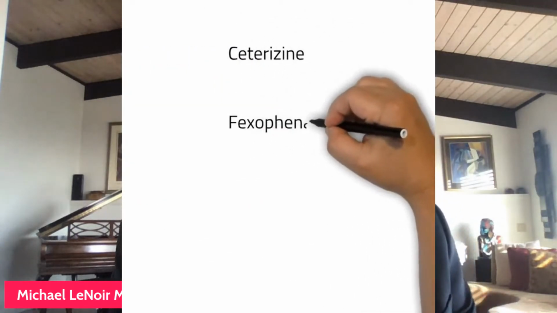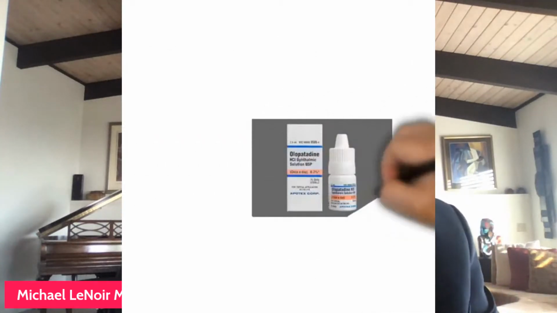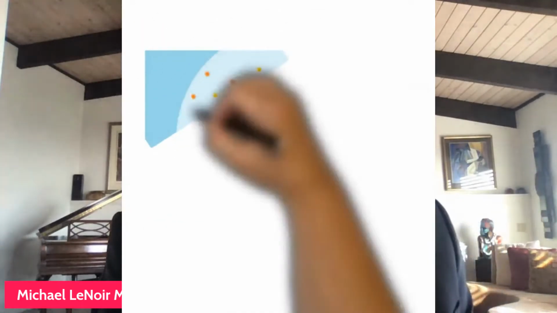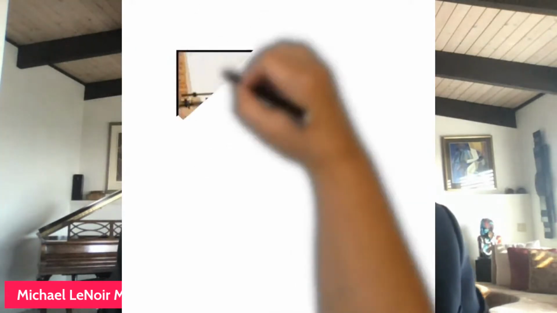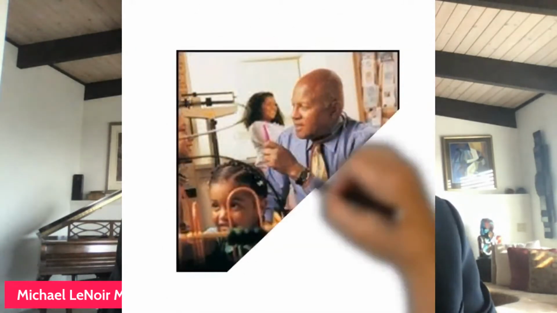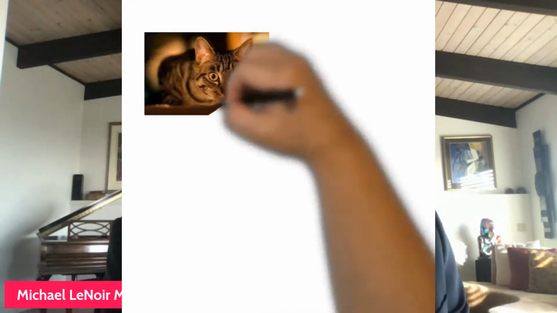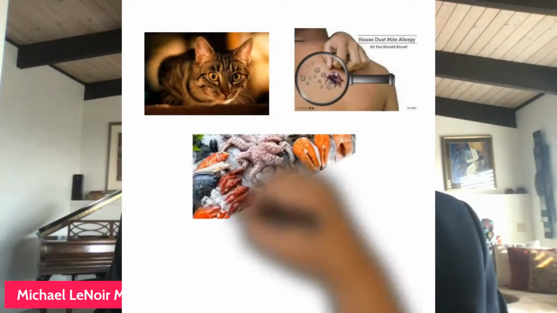Non-sedating antihistamines like Zyrtec, Claritin, or Allegra, and anti-inflammatory nasal sprays and eye drops can all mitigate symptoms. And on days when the pollen counts are high, you may just have to shelter in place. For those of you who go through this year after year, now might be a good time to see an allergist. They can help you identify triggers that you can avoid and may suggest some new methods to help you get through the season.